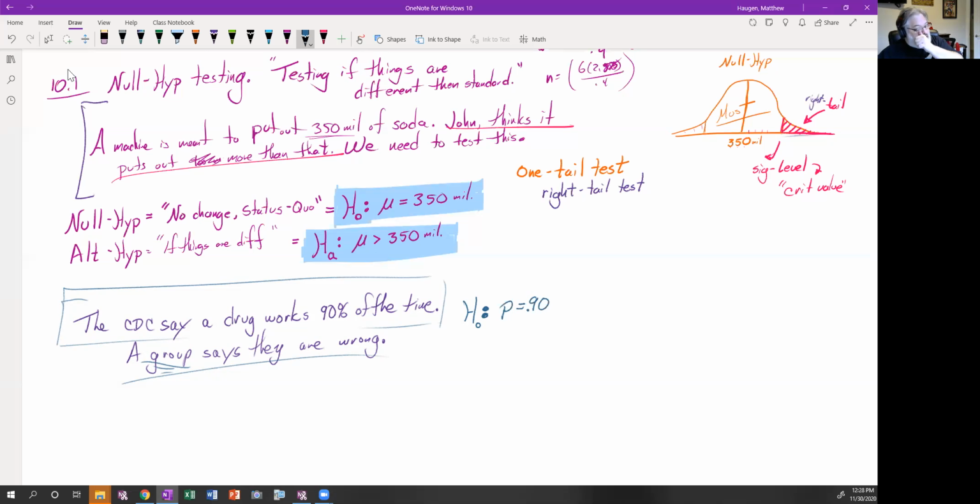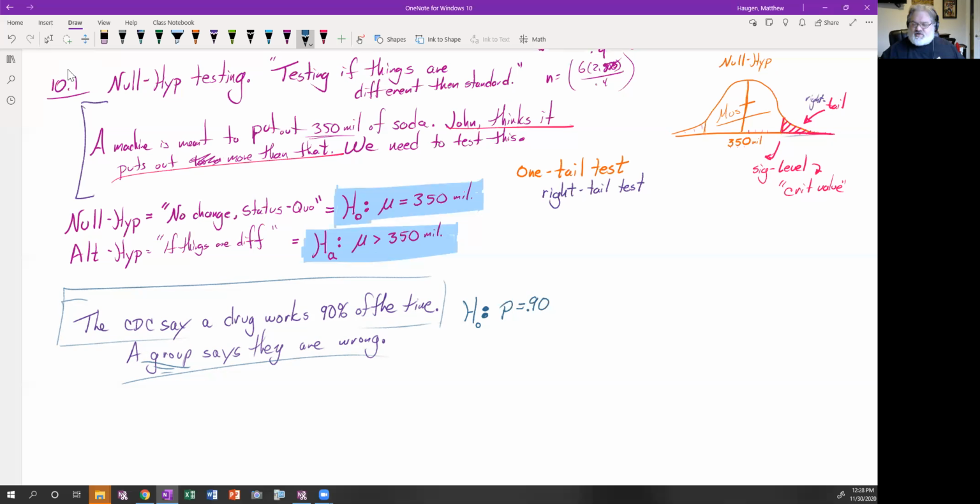Essentially, when you think about null hypothesis testing, it's always an assumption and then a claim. If you want to prove somebody is wrong, you've got to prove that in their world.